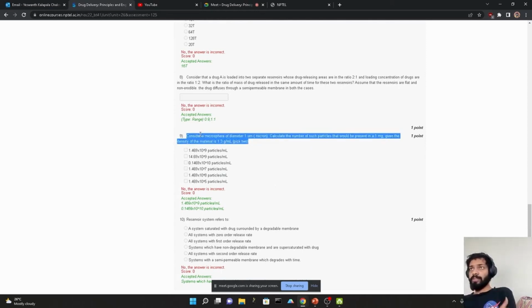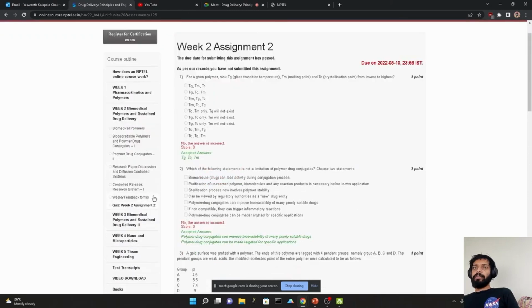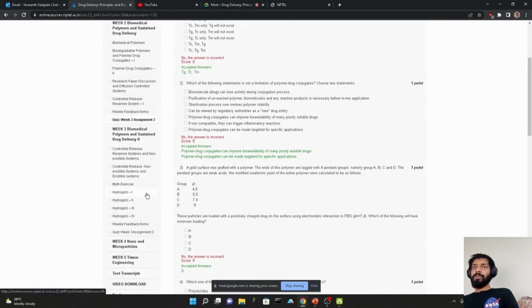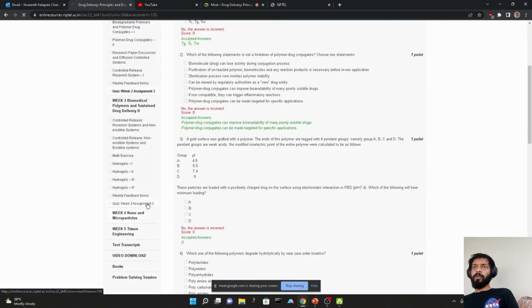Consider a microsphere of diameter 1 micron. Calculate the... What is the formula actually? So 1.49 I am getting, but somehow I am getting 10 to the power 6. What am I missing actually? I want to know. Yeah, we'll calculate. So someone said there's one more question.